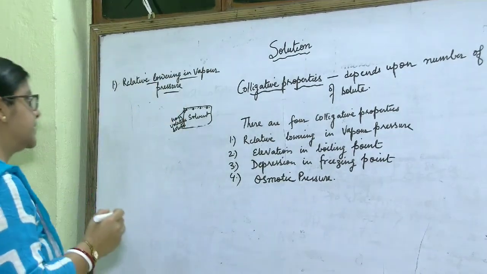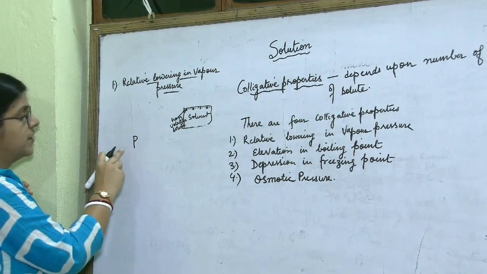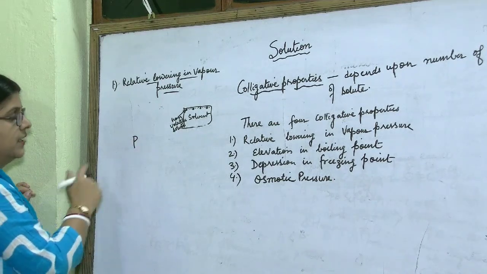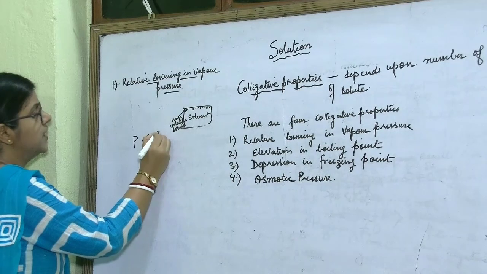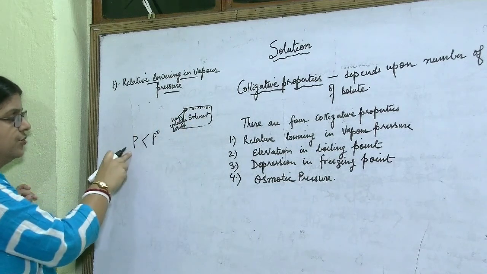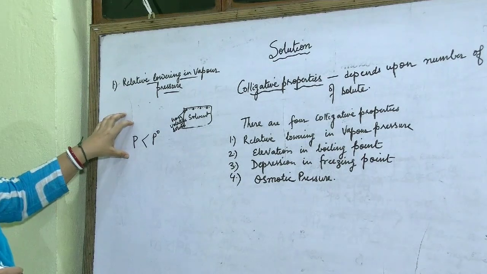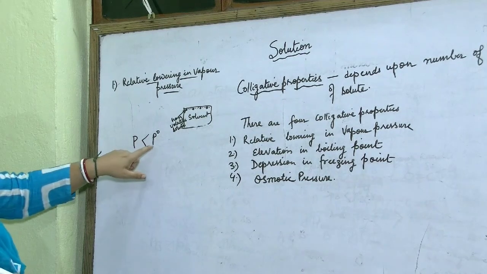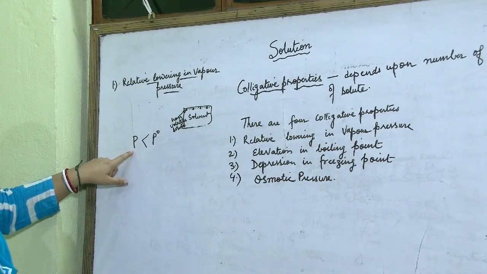Now, I will explain this mathematically. Suppose you represent the vapor pressure of the liquid in the solution as P, then it will be less than the vapor pressure of the pure liquid, because after adding a non-volatile solute the vapor pressure of the solution decreases. So the vapor pressure of the pure solvent will be more than the vapor pressure of the solvent in the solution.